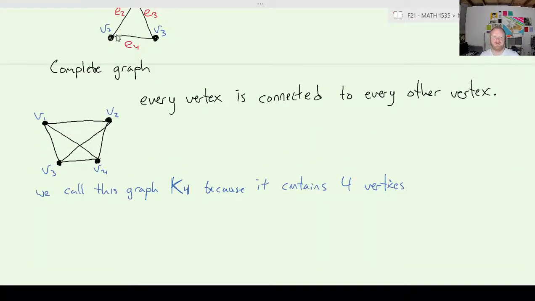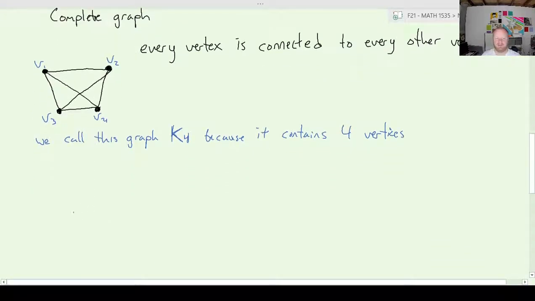So I'll go ahead and draw some other Ks right here. So this graph here is K4. K5 looks like this.